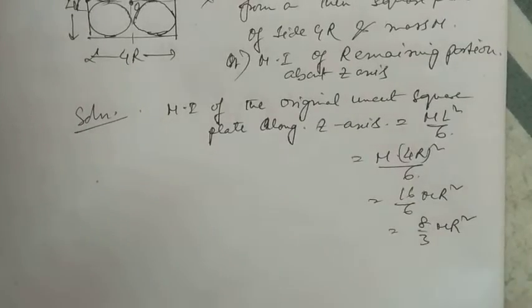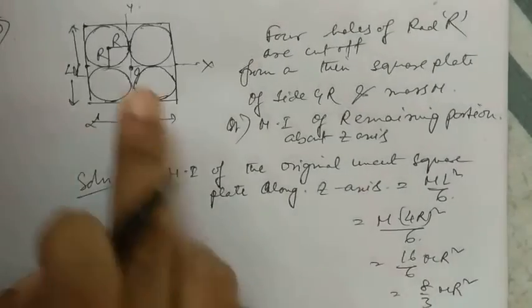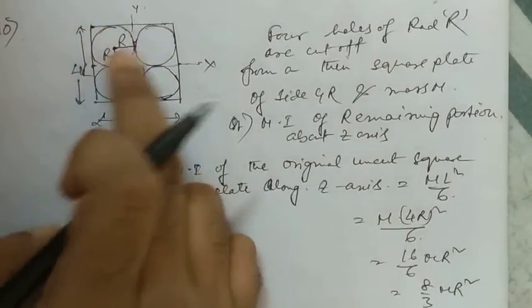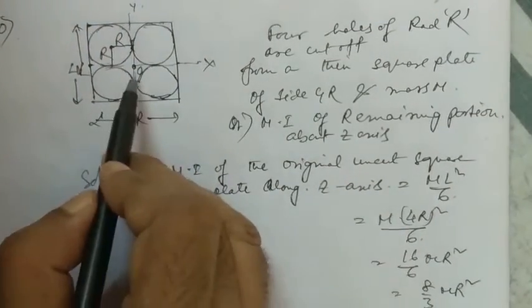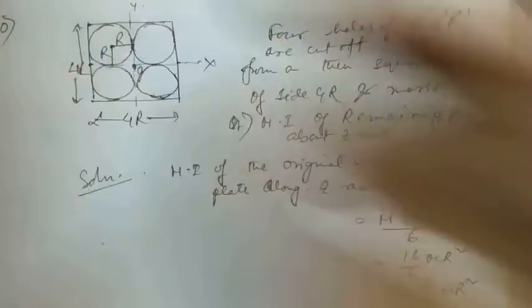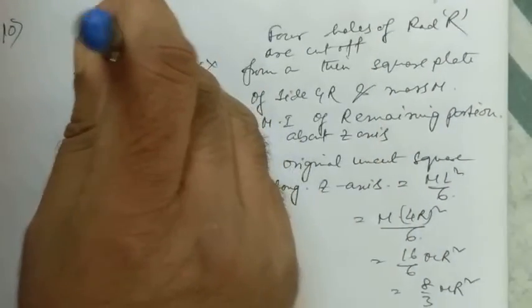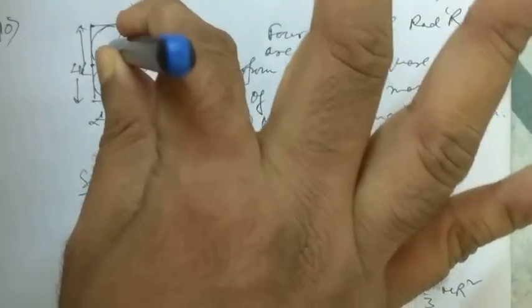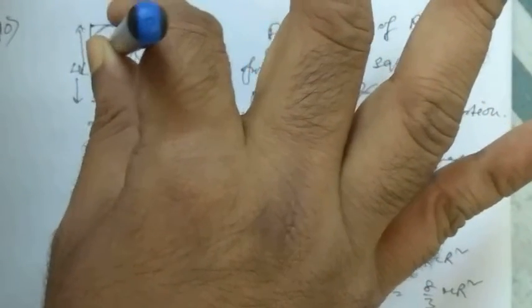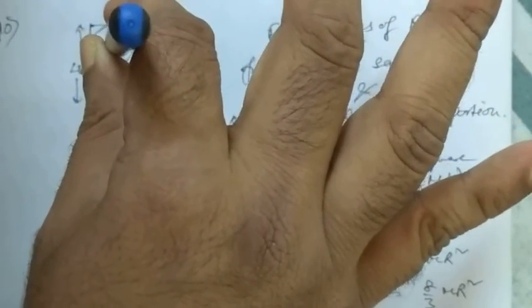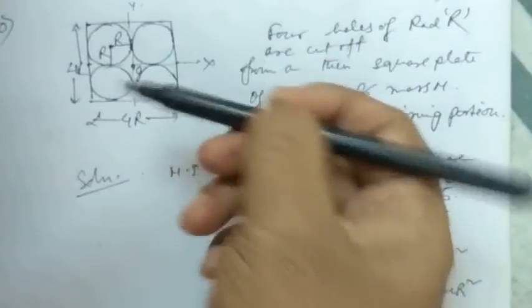Now we have to find the moment of inertia of each of these cutout portions with respect to this z-axis. First we find the moment of inertia of each cut disc about an axis passing through its center and perpendicular to its plane.